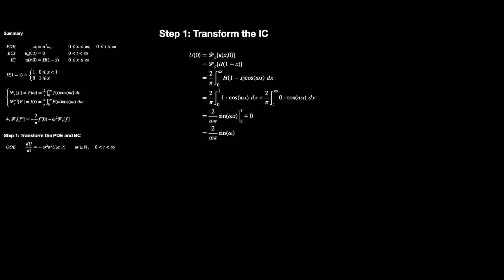Since the Heaviside function is just 1 between 0 and 1, and 0 everywhere else, we'll separate out the integral, since it's linear, into those two parts, and then we integrate. And this gives us the initial condition of 2 divided by omega times pi times the sine of omega.